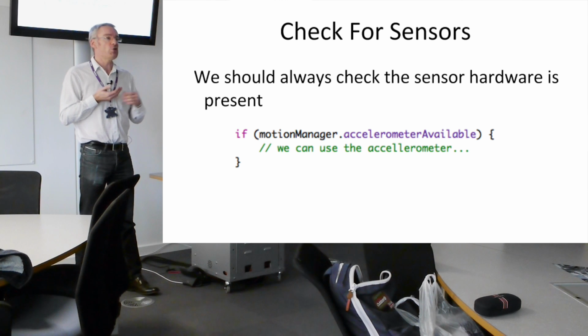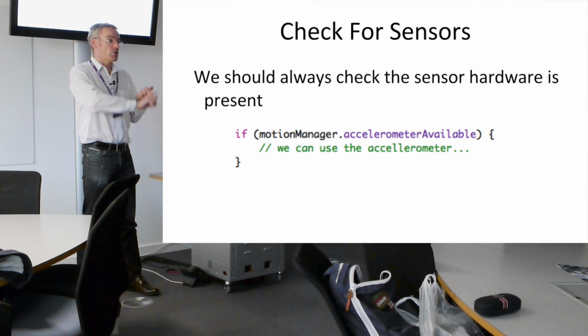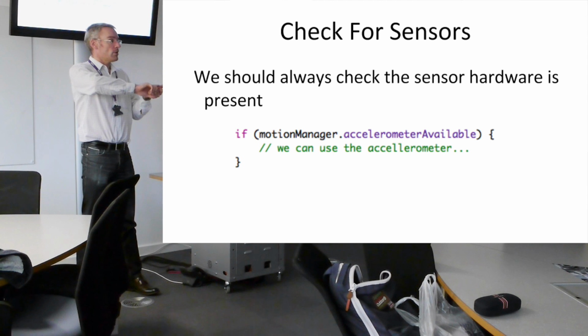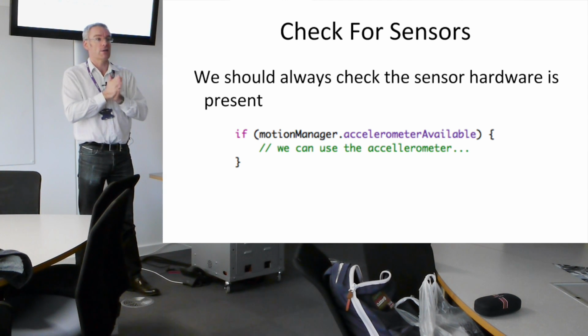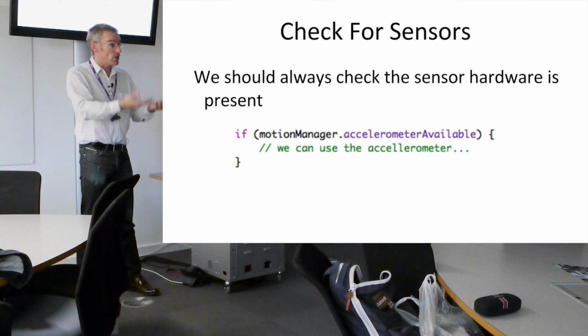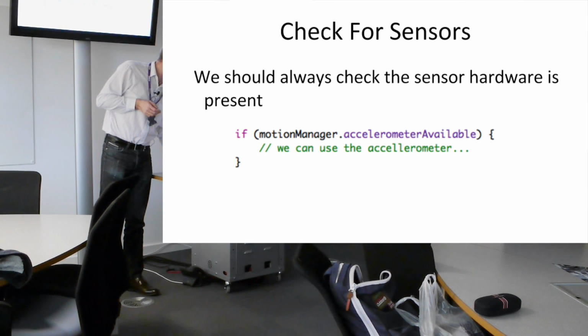Once you've got your CMotion manager object, there's a property called accelerometer available, and another one called gyro available, just those two for the time being, I'll show you the third one a bit later. If it returns true, the sensor's there. If it returns false, you can't use the sensor. It's always worth wrapping your code in that if statement.